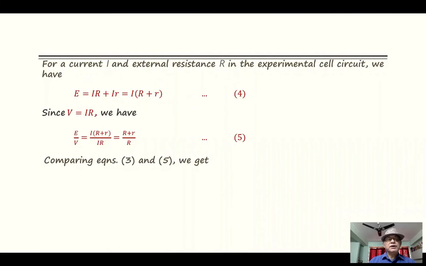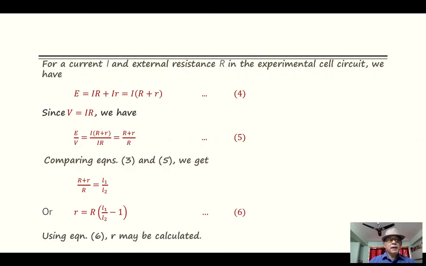Comparing equations 3 and 5, we get R plus r divided by R equal to L1 by L2. Or r equal to R into (L1 by L2 minus 1), as given by equation 6. Using equation 6, r may be calculated. Small r, as we have indicated earlier, is the internal resistance of the experimental cell.